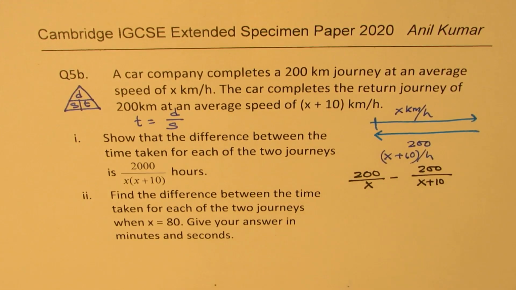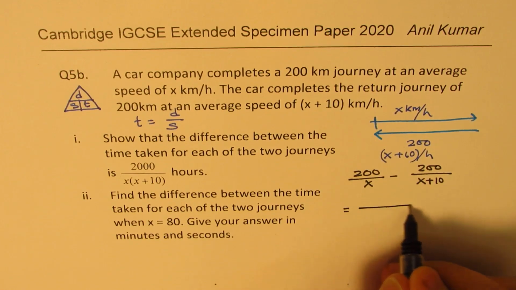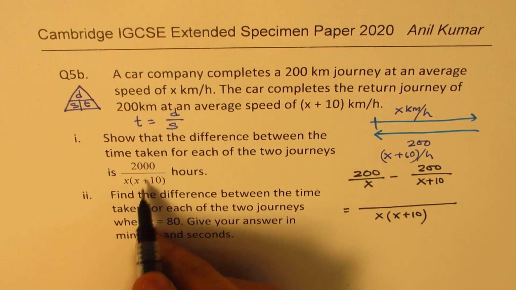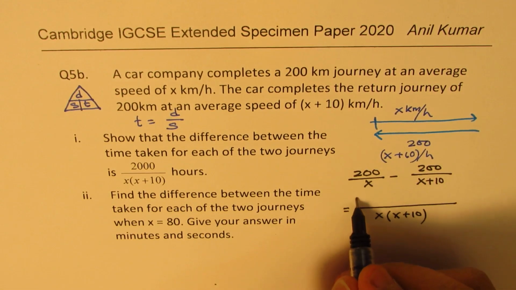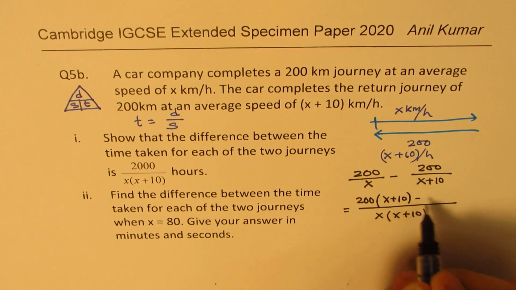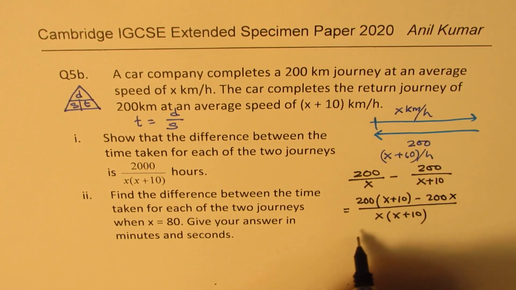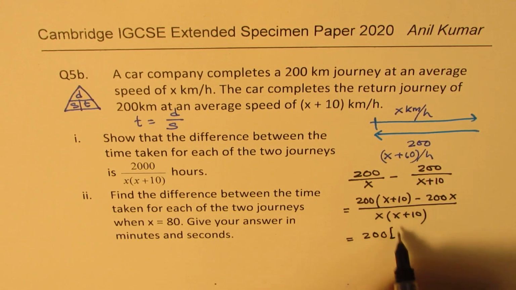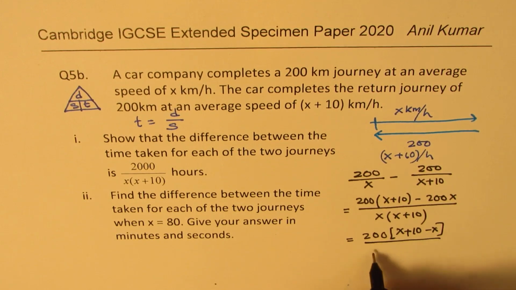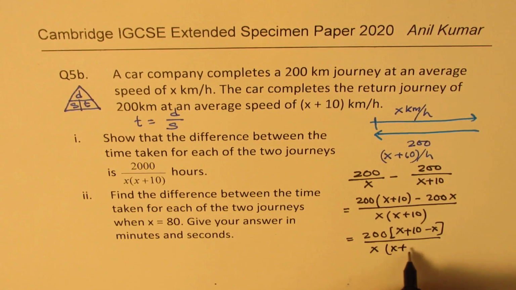Now we can take the common denominator, which is x times (x plus 10), and cross multiply. So we have 200 times (x plus 10) minus 200x. You can take 200 common. No need to expand this. Take 200 common and write (x plus 10 minus x) in the bracket over x times (x plus 10).